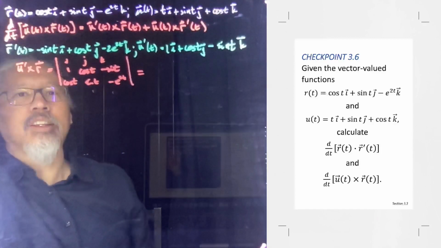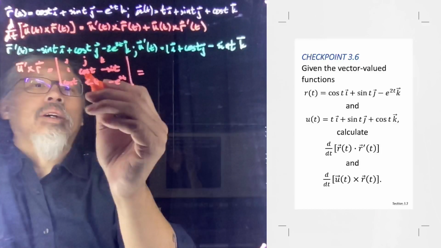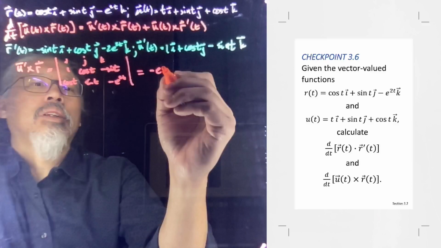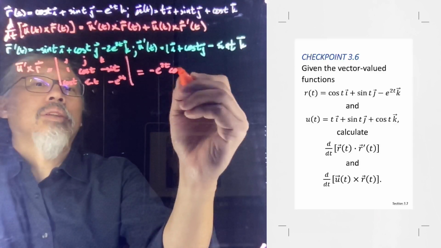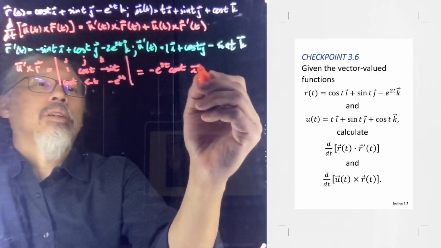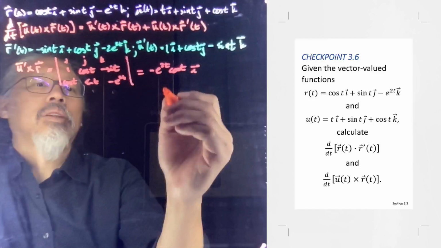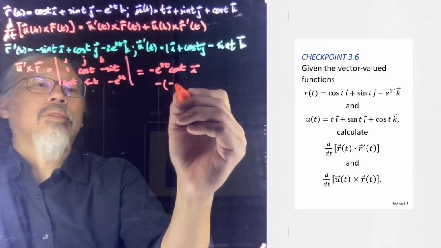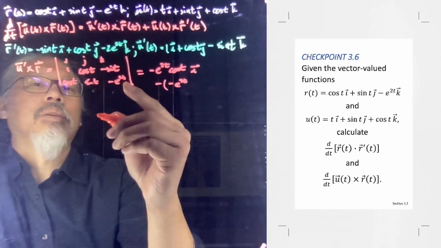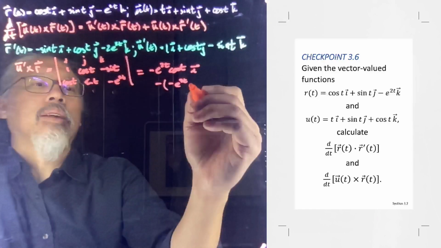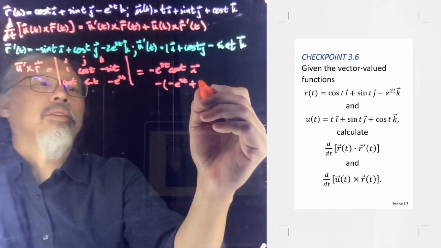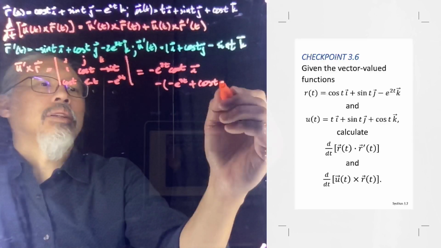Okay, what is that equal to? In the i direction, it's going to be negative e to the 2t minus cosine t. In the j direction, let's throw a negative in front, and that's negative e to the 2t minus, so it'll be positive cosine t sine t.